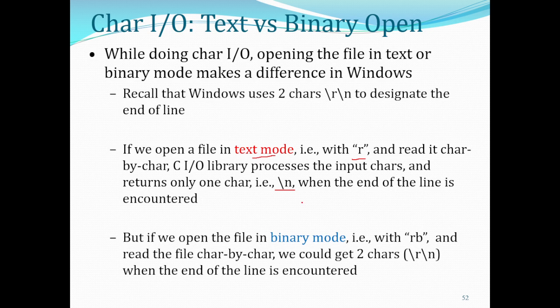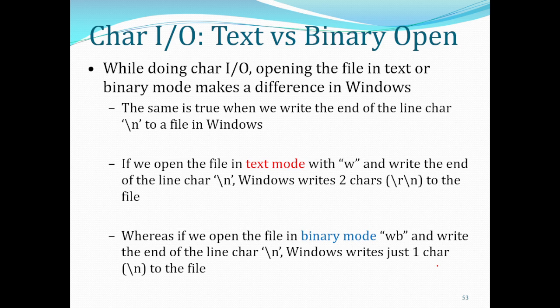In binary mode, when we open a file with this, we will get two characters by reading this file. Okay, so there's a little simple trick we have to be careful about when working in Windows. Just be careful, otherwise everything is simple and clear.